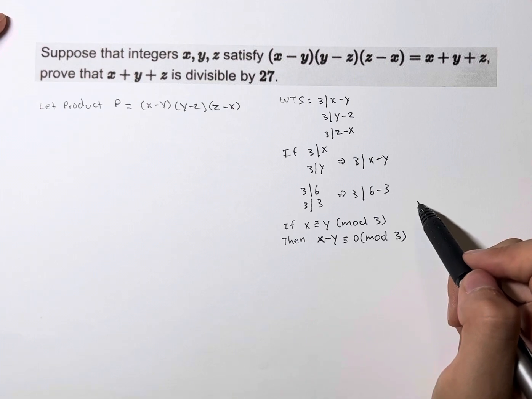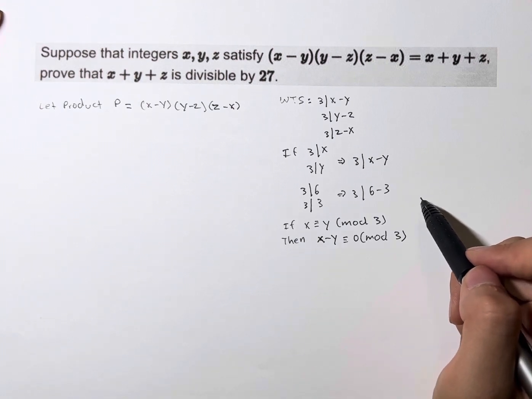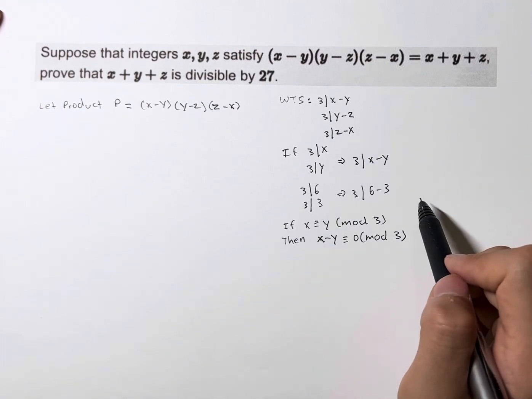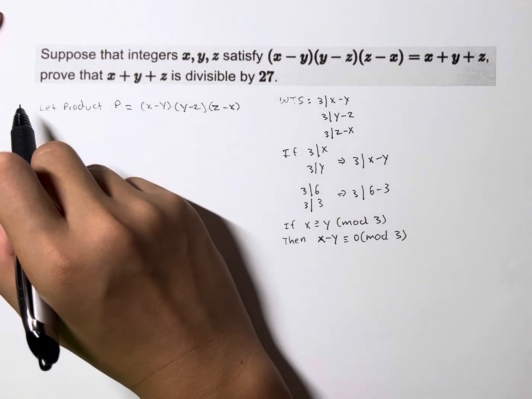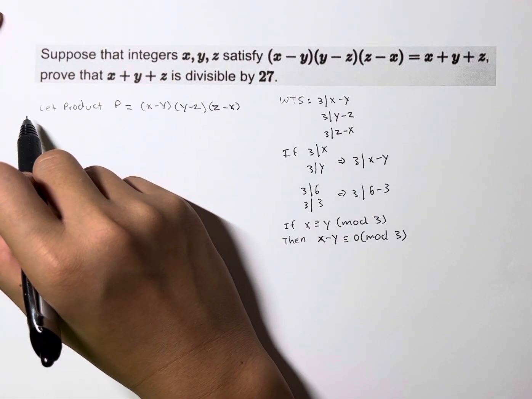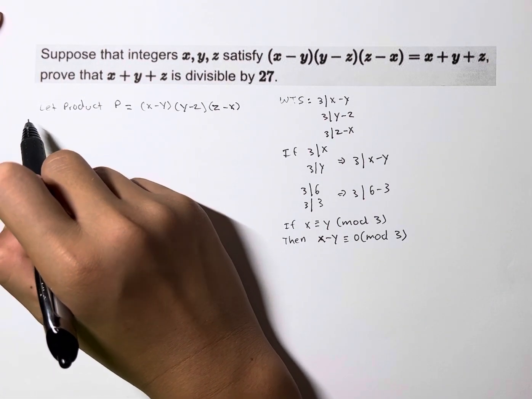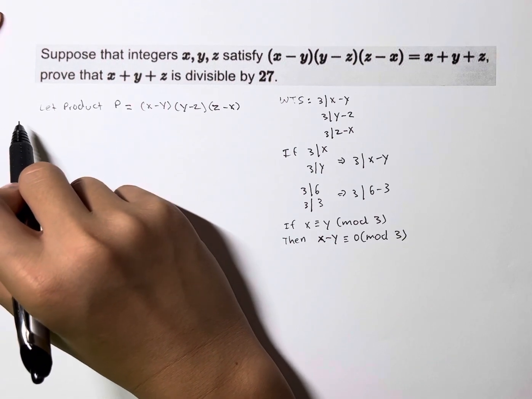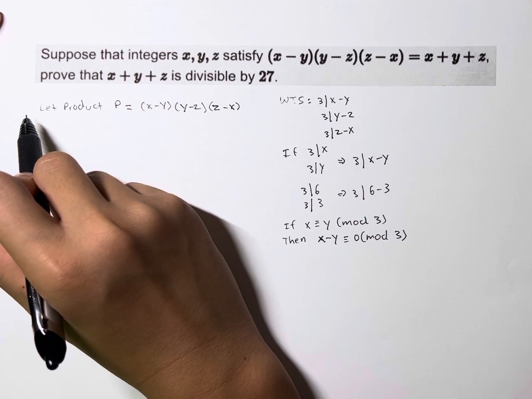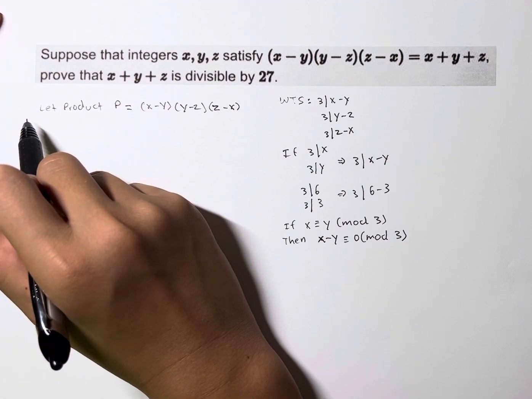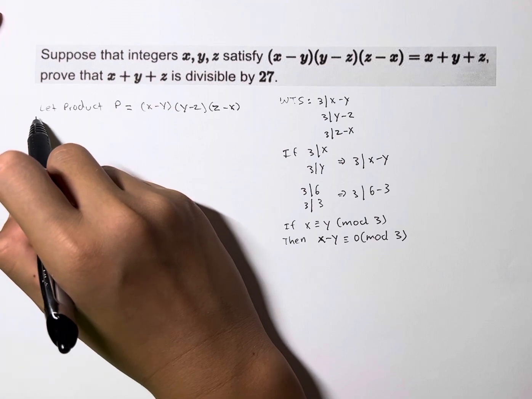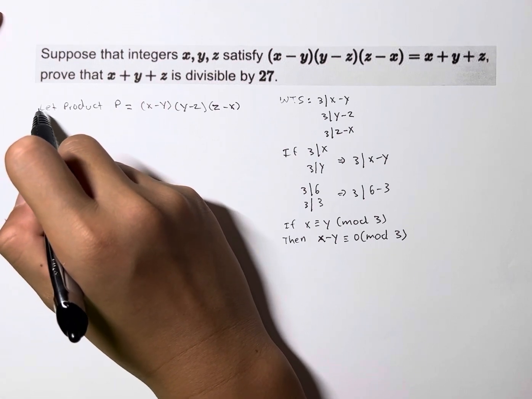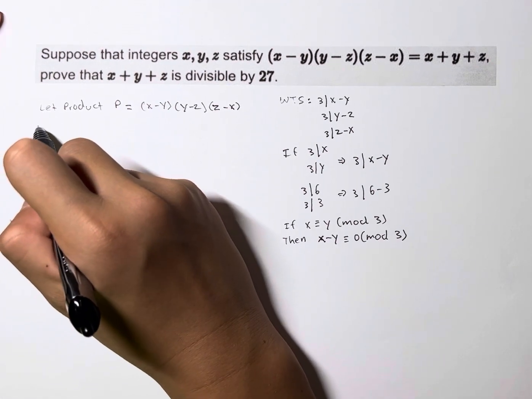Using this knowledge, we can prove the divisibility by 3 using x, y, and z. But then, once again, we are faced with different scenarios. Either the remainders are all distinct, 0, 1, and 2, or at least 2 of the remainders are congruent.